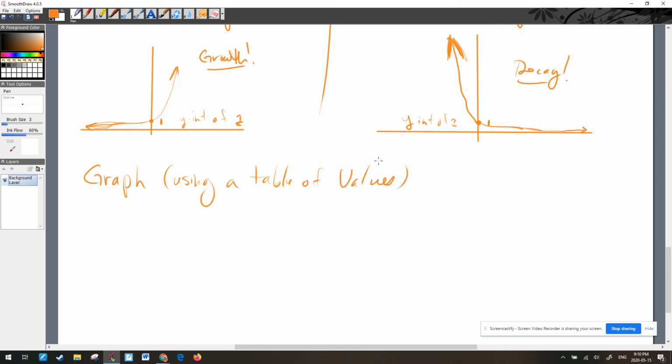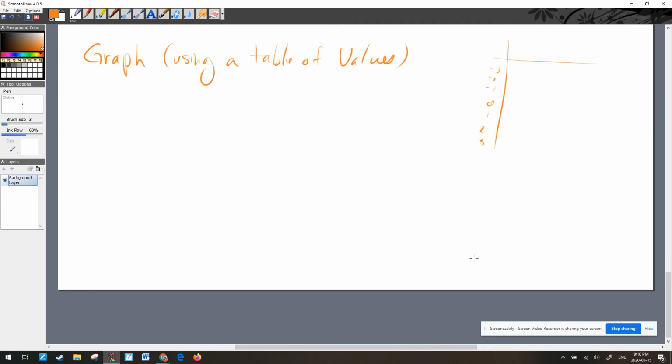And again, table of values is always going to have, unless I say otherwise, -3, -2, -1, 0, 1, 2, 3. Okay, each of the following. So I would like you to graph y equals 4 to the exponent x, and y equals 1/4 to the exponent x. So you can practice those two.